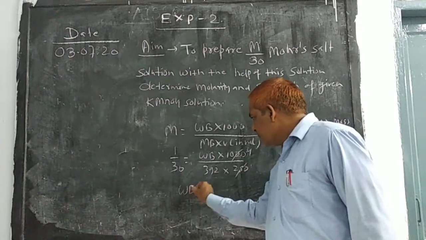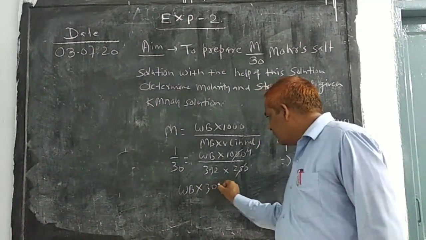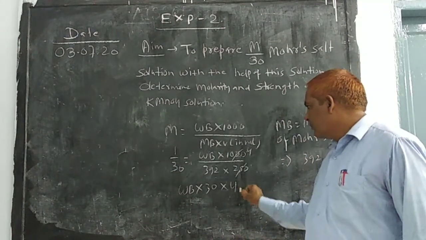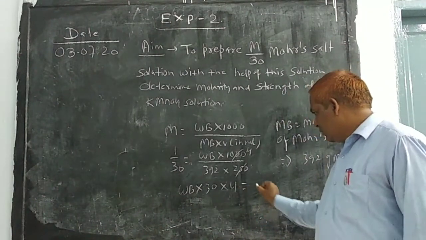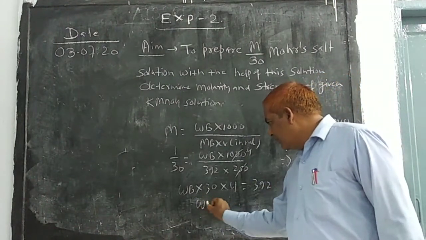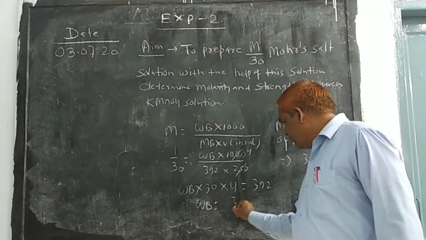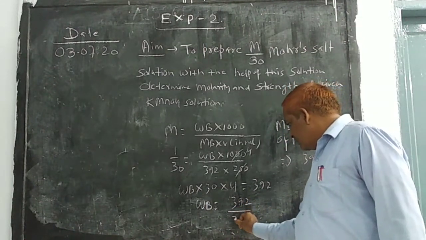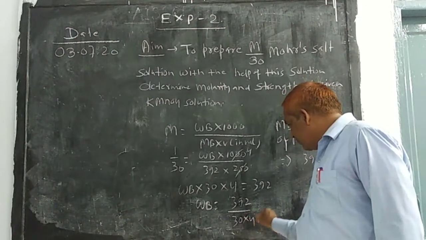After calculation, it becomes Wb × 30 × 4 = 392, and Wb = 392 divided by 30 × 4.